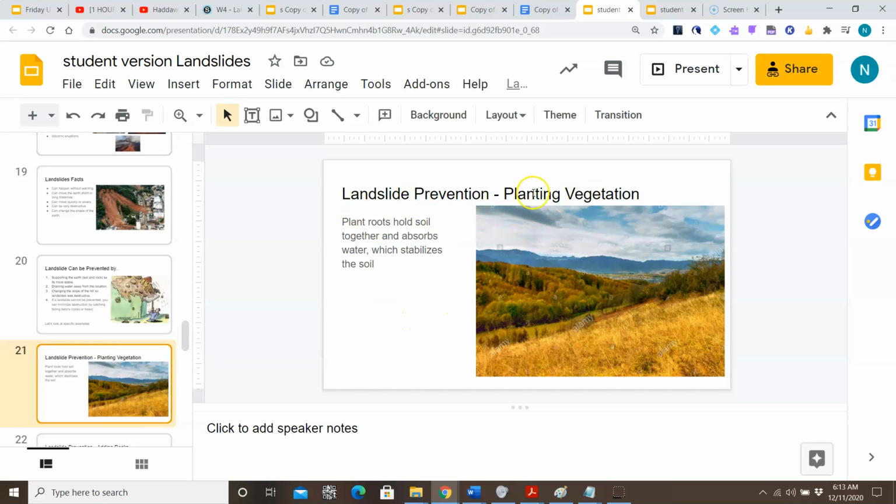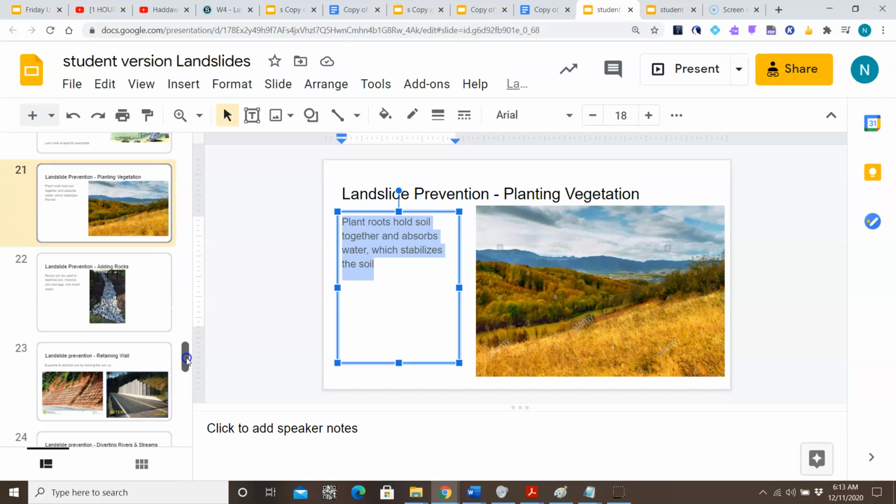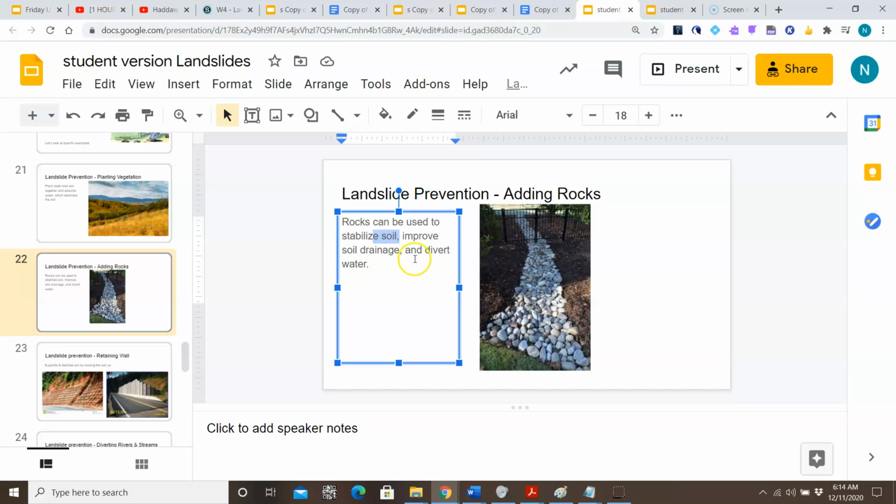So here, for example, vegetation like grass, plant roots hold soil together and absorb water, which stabilizes the soil. So you can write something like this in your own words. For rocks, again, it says it stabilizes the soil and can improve drainage. So you would write this in your own words to explain how those items protect your house.